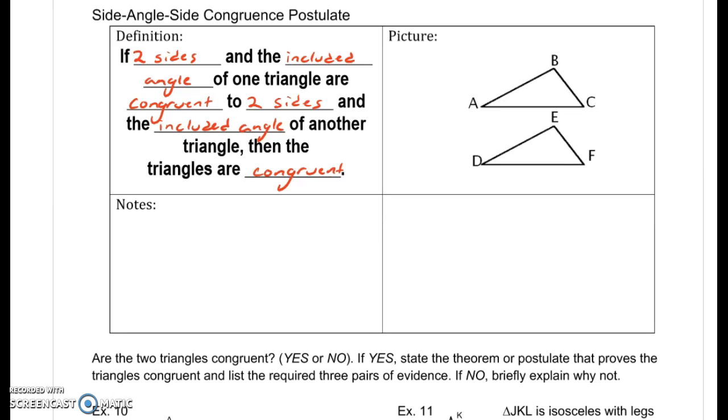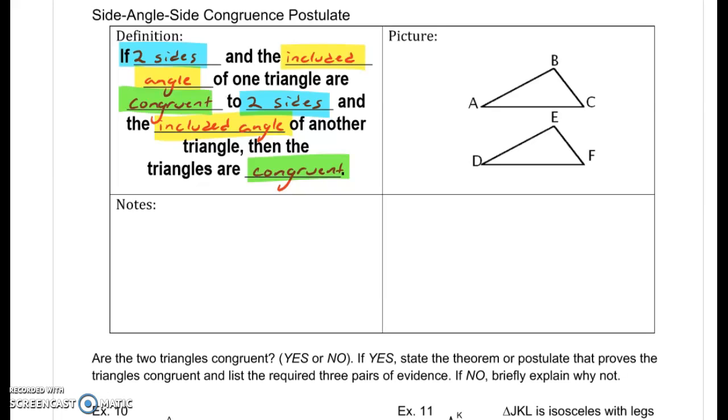And we can see different terms that are used a lot: included angle for both of them, congruent, and two sides.